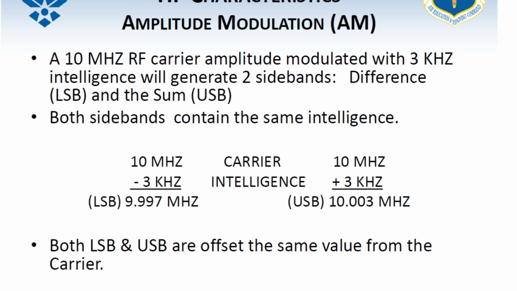And if you add 3 kilohertz to your 10 megs, you have 10.003 megahertz, and that is your upper sideband. Both of the sidebands are offset by the same value from the carrier. Any questions about those numbers? No, sir.